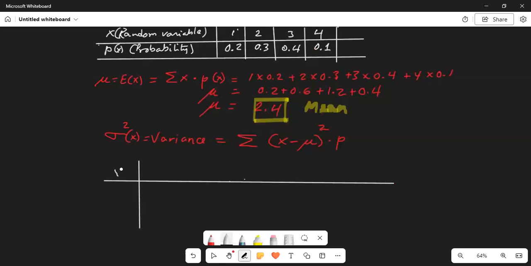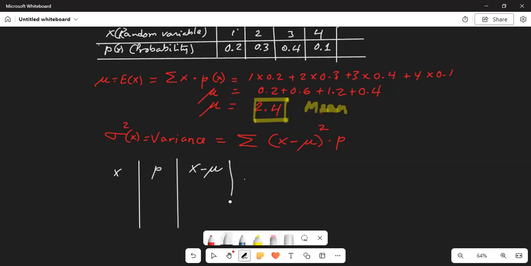First the x values, then the corresponding probability values, then the x minus mu value, and then the x minus mu squared value.